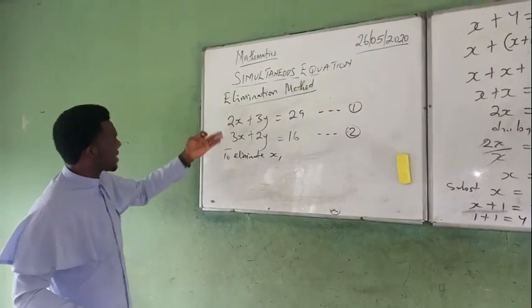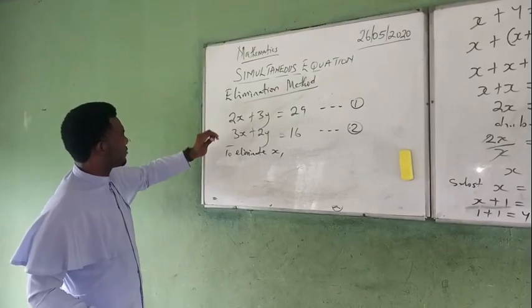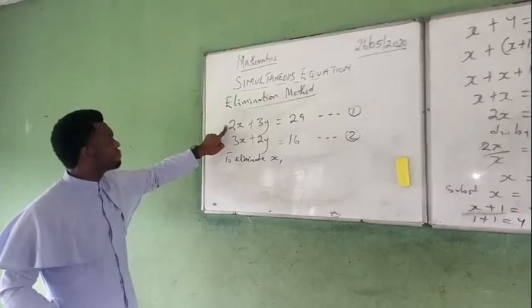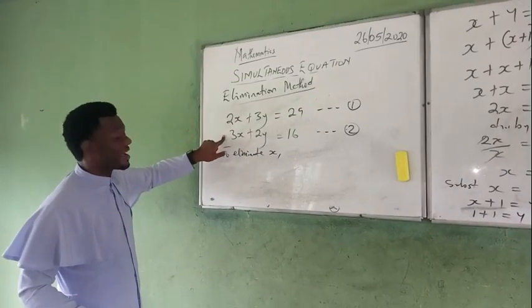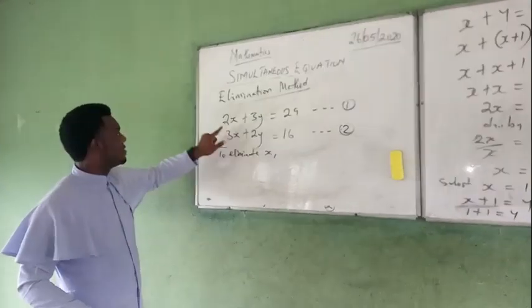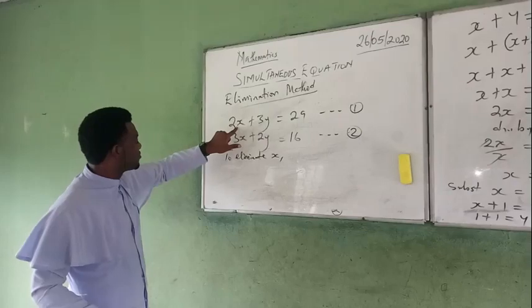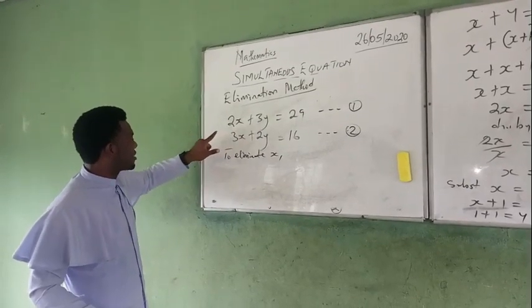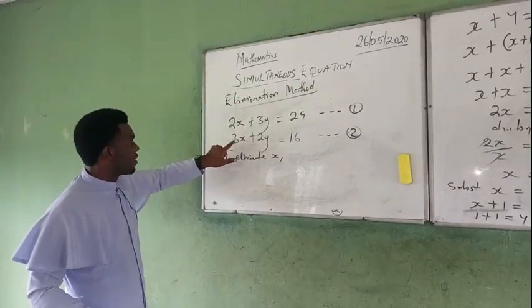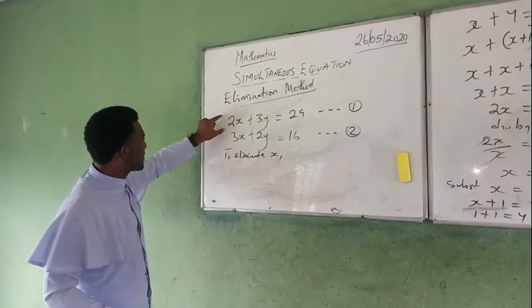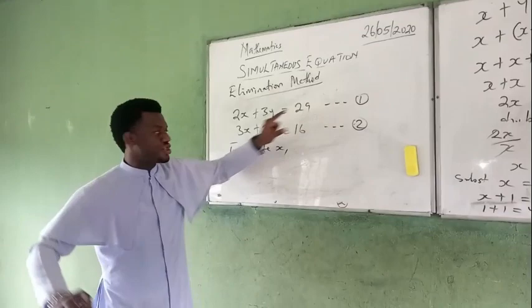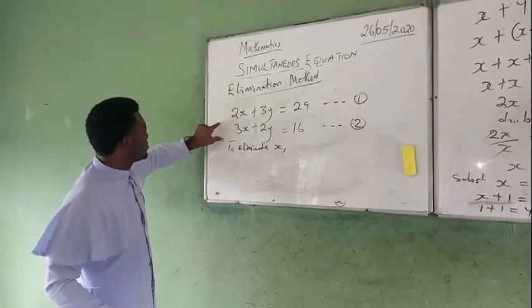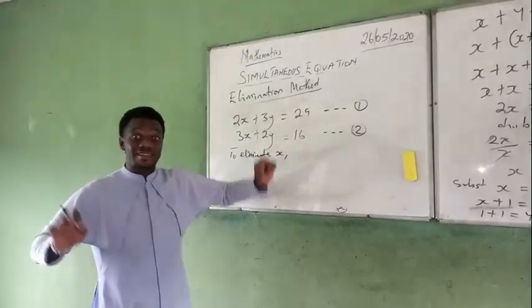So now think about it. We want to eliminate x. If we multiply 3 by 2, you get 6, and multiply 2 by 3, you get 6. So it means that 3 times we multiply everything here in order to still maintain that equation, and also 2 times we multiply everything here to maintain the balance of the equation.